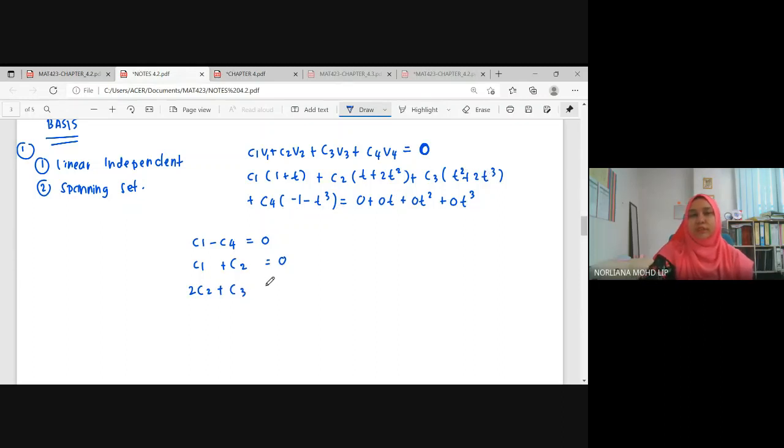Okay, c4 tak ada. So equal to 0. Yang keempat, equation is for t cube. Ni tak ada t cube. c2 pun tak ada. c3 ada 2 lah. 2 c3. c4 negative c4. Itu 0.